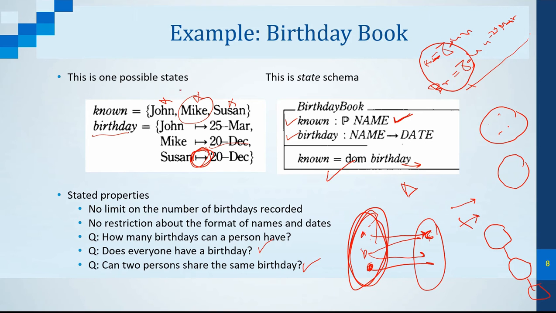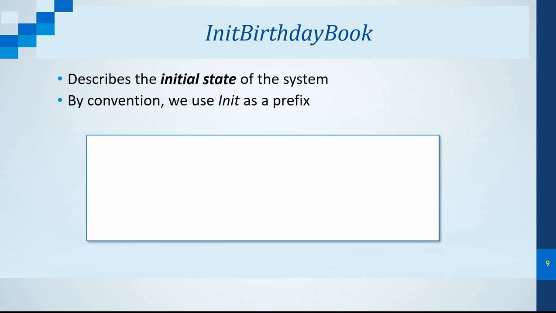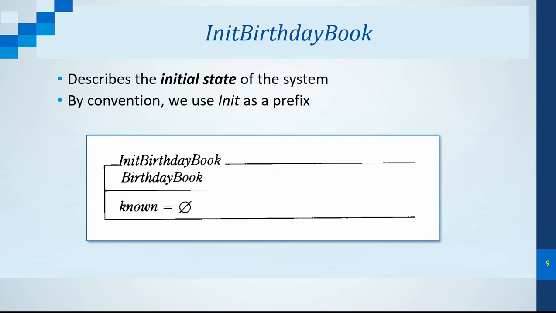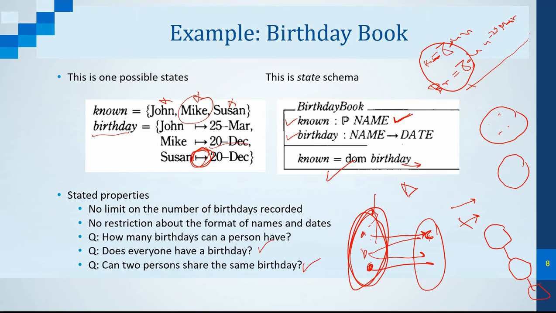So if the domain is empty, by default this relation is empty. So we have only this noun become empty. It's not wrong if you also empty the other one, the birthday.